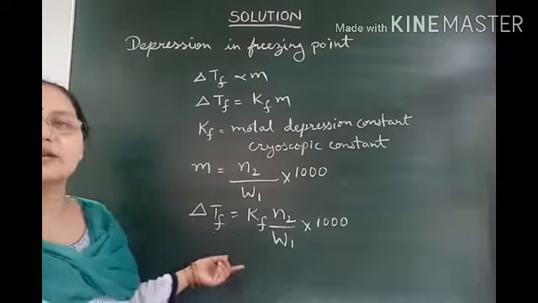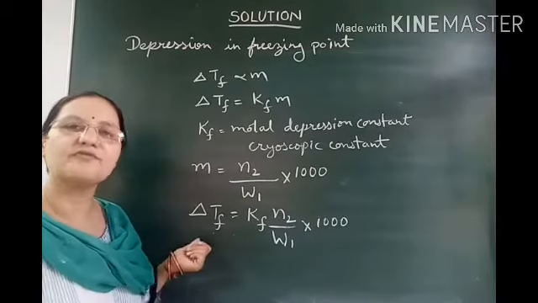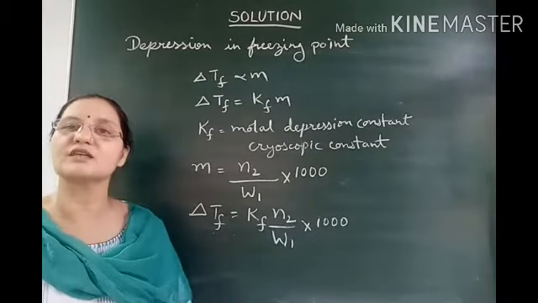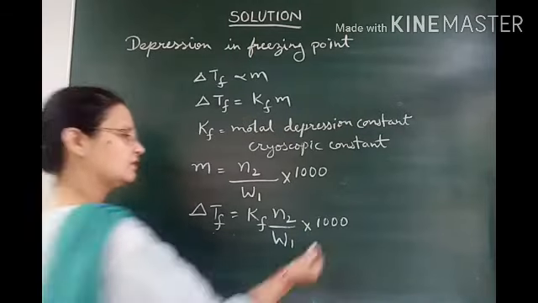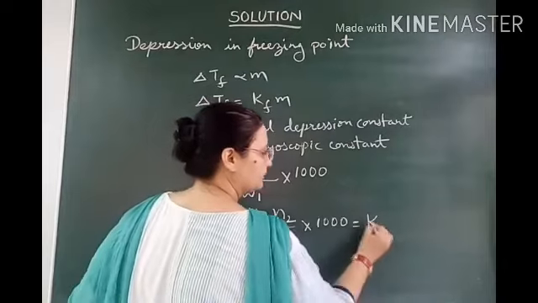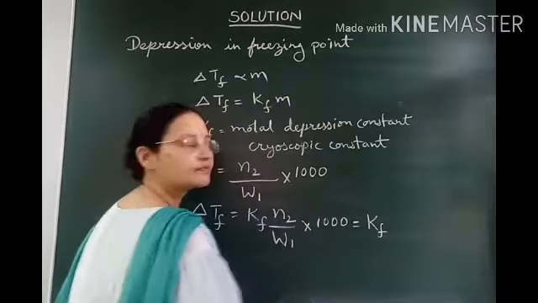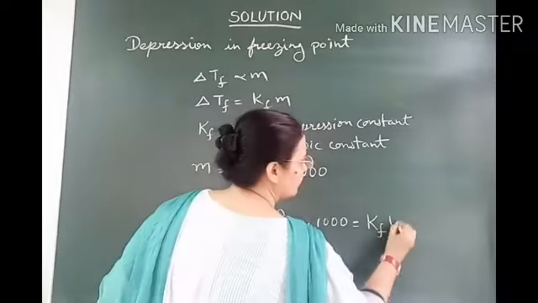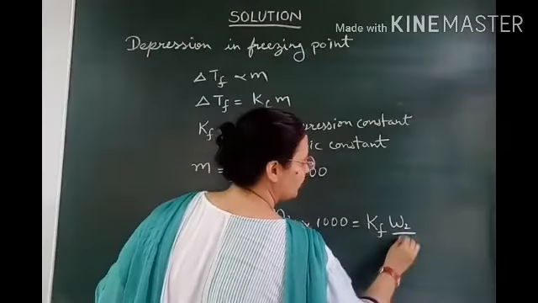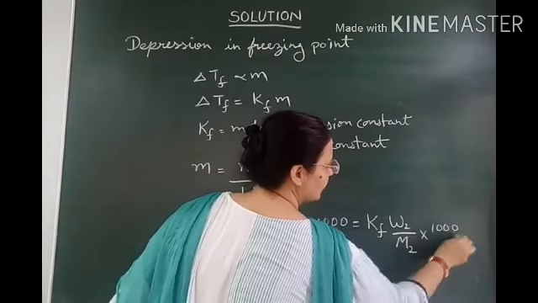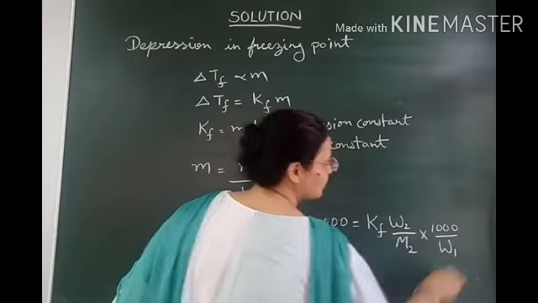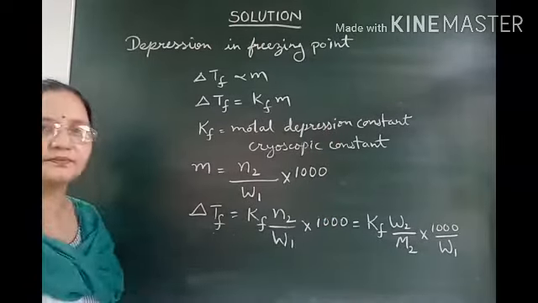We can also relate the depression in freezing point to the molar mass of the solute by putting the value of n2, that is Kf, the given mass of solute upon molar mass of solute, into 1000 upon the mass of the solvent.